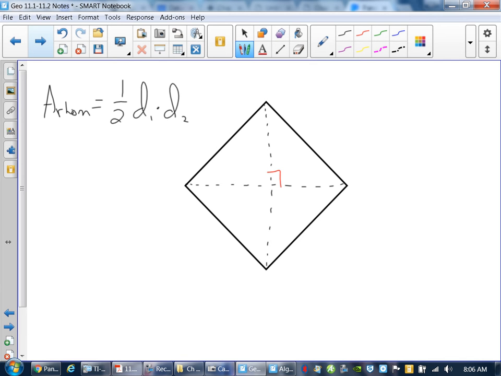You might be given one part, you'll have to find the other one doing that. And also the kite has the same formula. Kites and rhombuses, or rhombi, have the same formula.